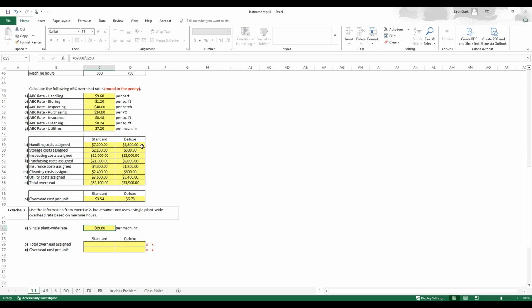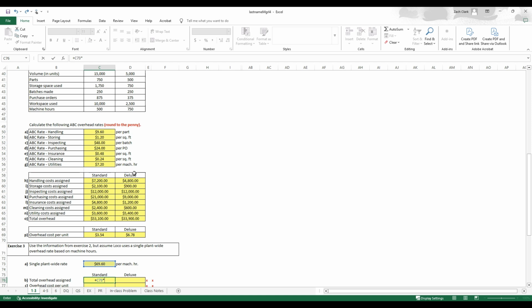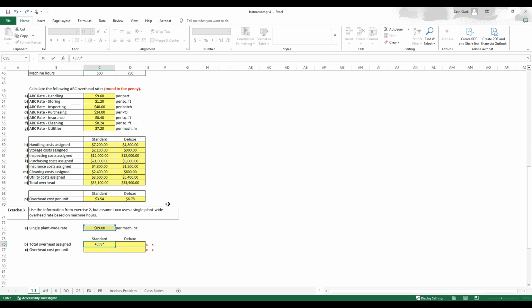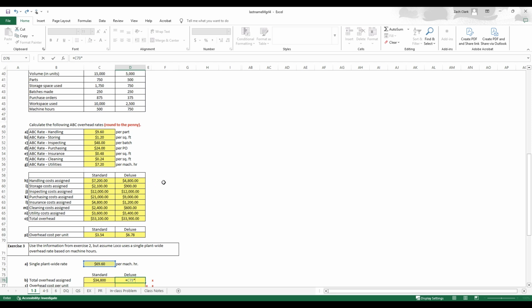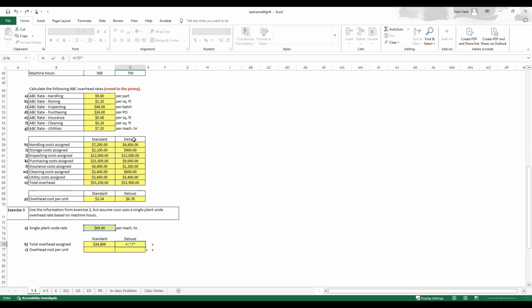And then we'd have to look at total overhead assigned, if we were to break this out still between our two products. We need to multiply the total machine hours of 500 times the rate. So if we were doing this more simple method, we would be arriving at, let me look here for the deluxe, of 750.